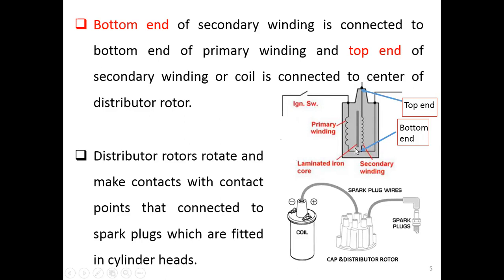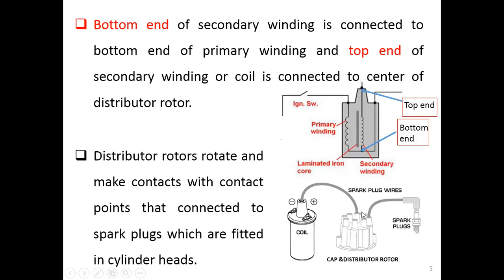The top end of the secondary winding will connect to the center of the distributor rotor. So the bottom end is connected with the primary winding, and the top end is connected with the distributor rotor.